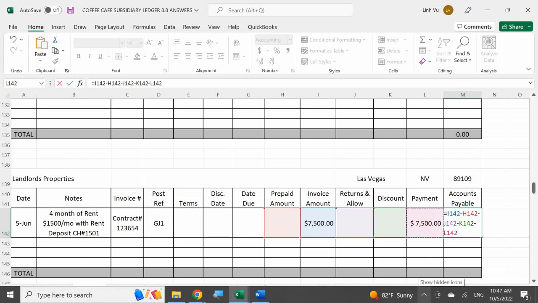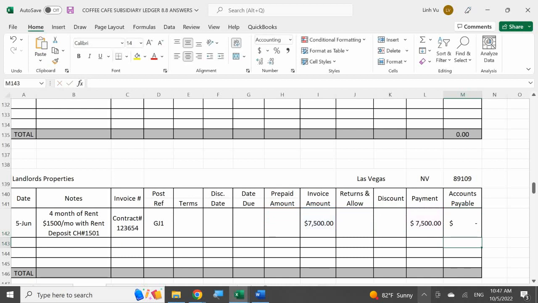So we take a look at the very first number, which is the invoice amount. How much do you owe? A down payment is going to decrease it, a return is going to decrease it, a discount will decrease it, and 100% a payment will decrease it. So therefore, when I run my formula, it is now 0.